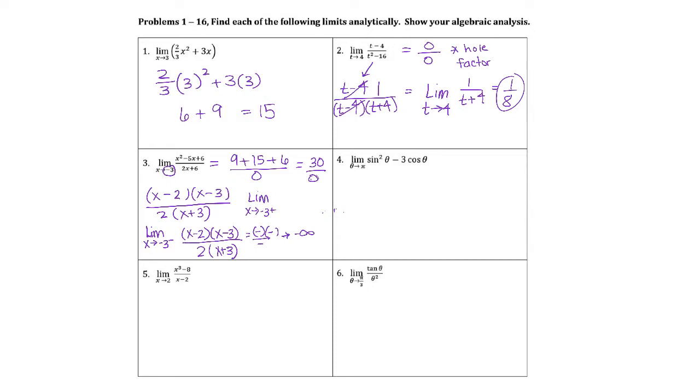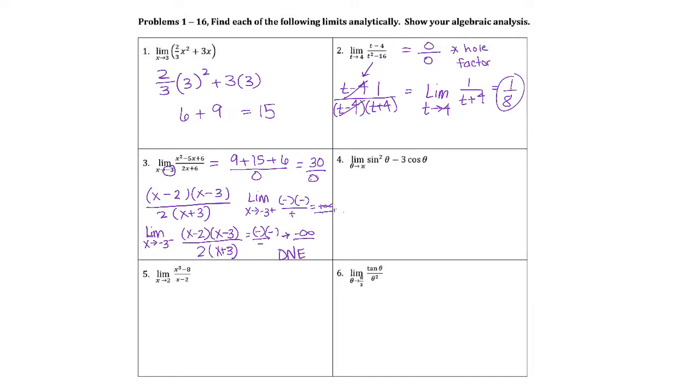And notice that what we're going to get when we plug in, let's say -2.9, is a negative times a negative over a positive. So that's going to tend toward positive infinity. So the limit from the right is positive infinity, and the limit from the left is negative infinity. So this limit does not exist.